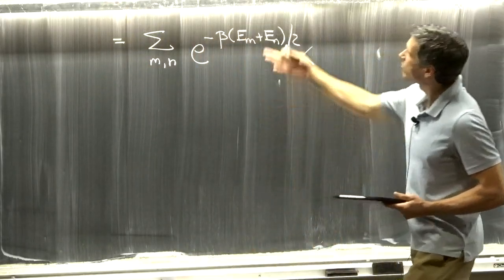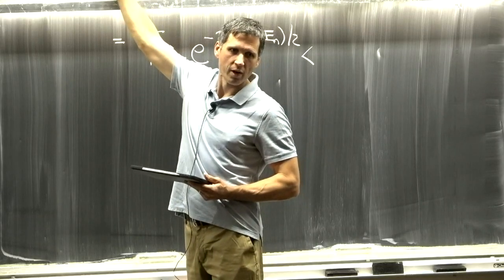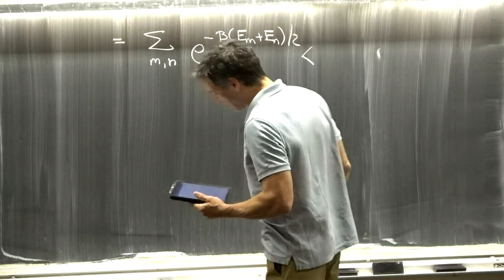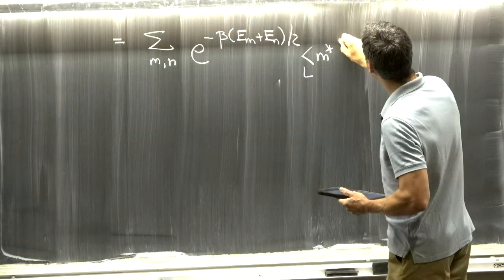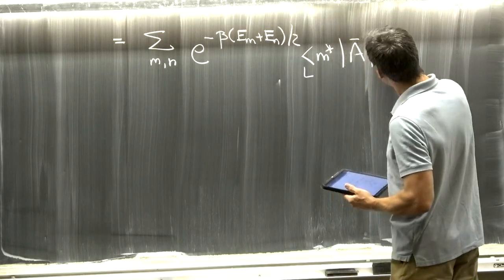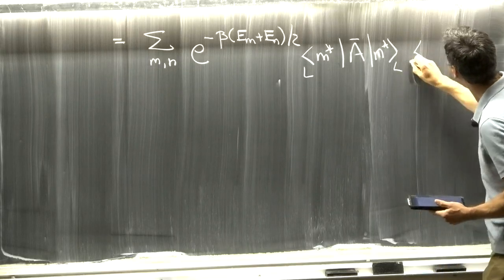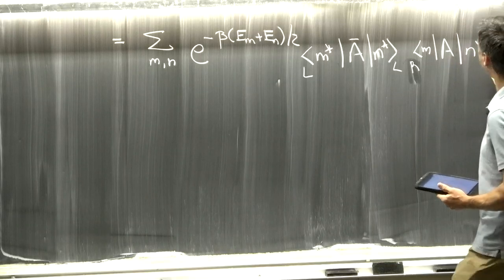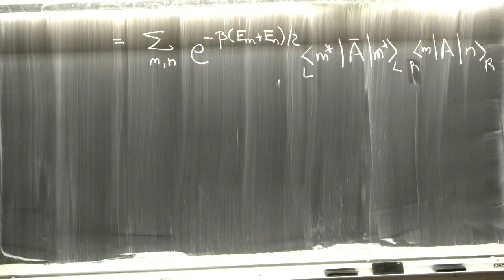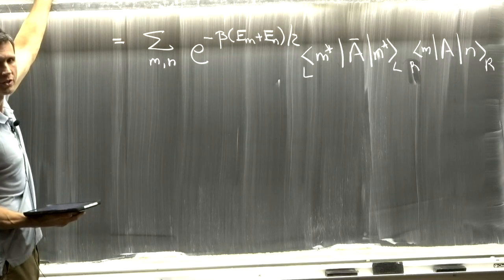So when we express this in terms of Rindler states, we can just pull things through and have this one acting on the left Rindler and this one acting on the right Rindler. So this is M star on the left, A bar, N star on the left, and then R, M, A, N, R. All I've done is to plug in the Rindler expression, the thermofield double expression for the Minkowski vacuum.